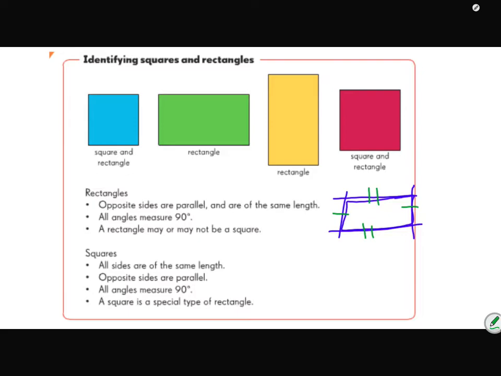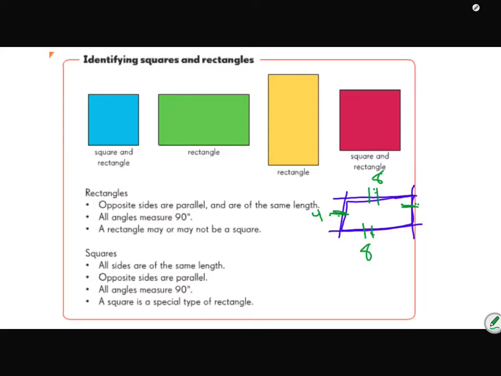What that means is that anything with one tick mark is the same length. So if this was a 4, that means that the other side that has one tick mark is also 4. This side has 2 tick marks. If that's 8, then the other side with 2 tick marks is also 8. So it's just a way to indicate that they're the same length. So the opposite sides are the same.